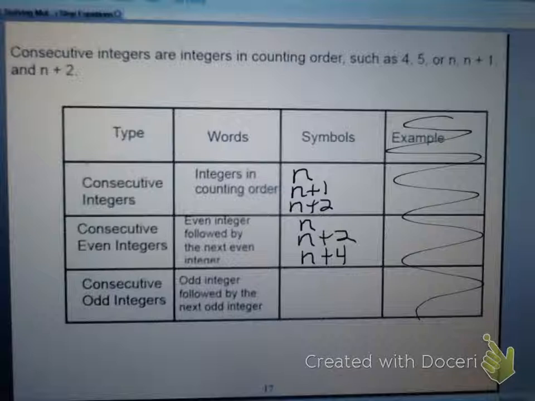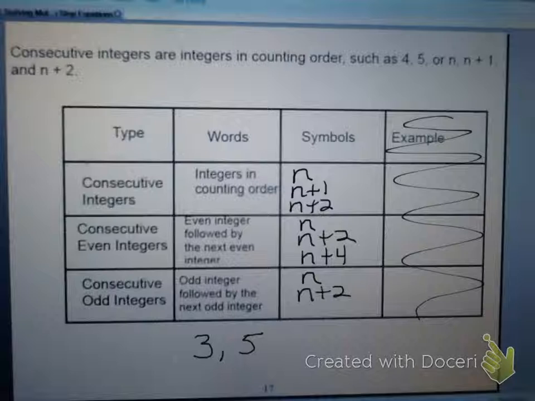And here's the tricky part, the odd integers. Again, you always start with n for the first integer. To go from one odd integer to the next odd integer, you also count by twos. For example, if you had a 3, the next odd integer is 5. So what did you have to do? You added 2.